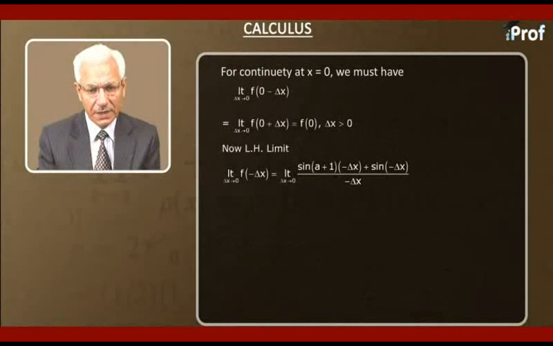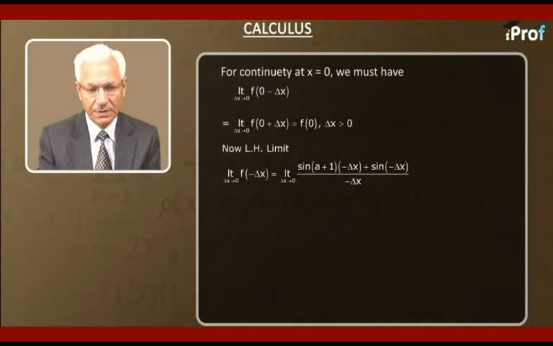For continuity at x equal to 0, we must have the limit as delta x tends to 0 of f(0 − delta x) equal to the limit as delta x tends to 0 of f(0 + delta x) equal to f(0), where delta x is greater than 0. Now we take up the left hand limit.